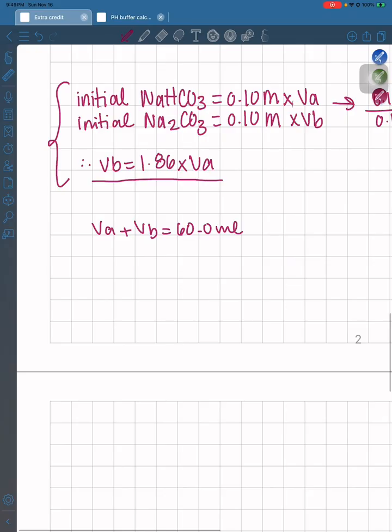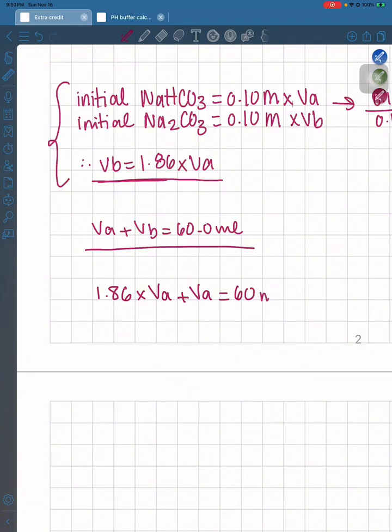Now we can substitute into this equation right here to solve. So we end up with 1.86 times volume of our acid plus volume of our acid, and that's equal to 60 milliliters.